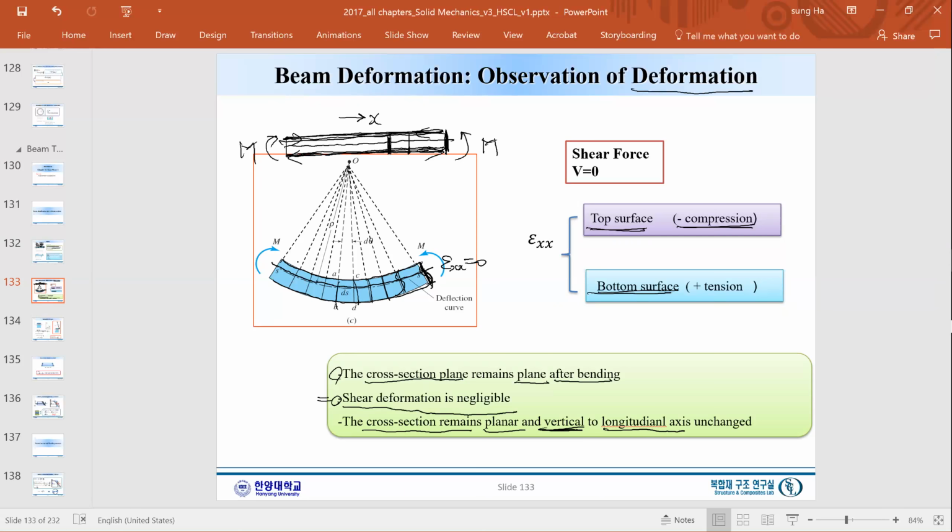This is a longitudinal line, and these are the vertical sections, and these vertical sections remain vertical toward this longitudinal line. And after deformation, this vertical line is still a vertical line.